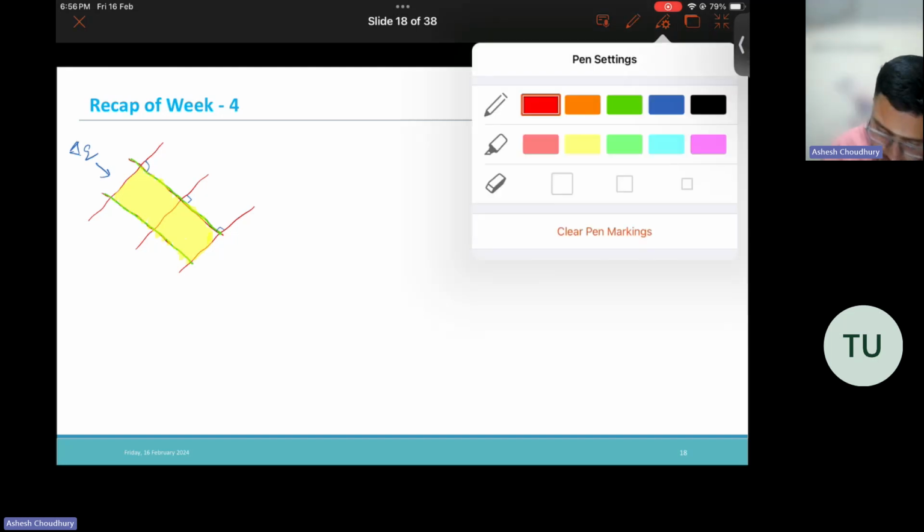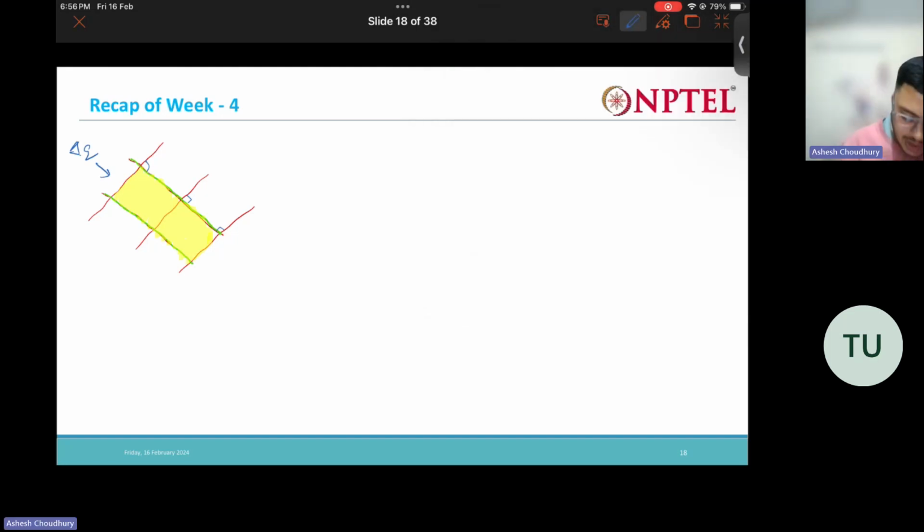Through this flow channel, delta Q amount of fluid is flowing. Now this delta Q1 will be equal to delta Q2, equal to delta Q3, and so on.